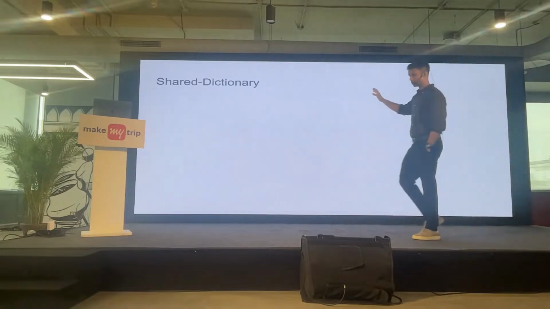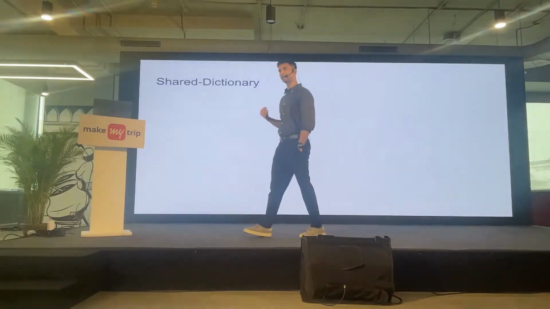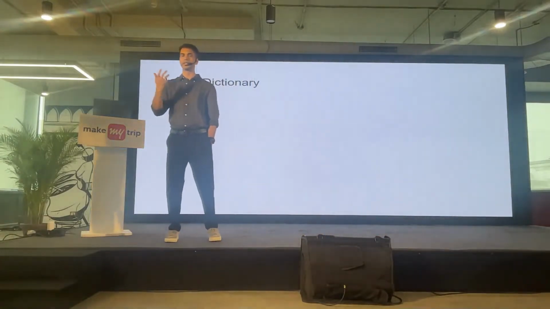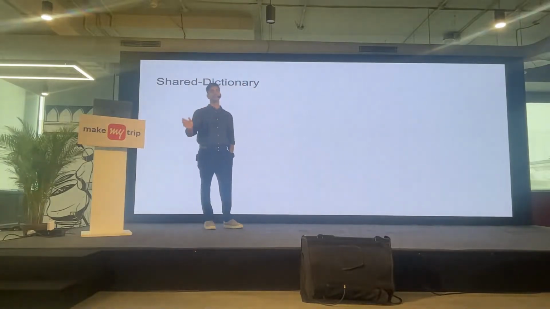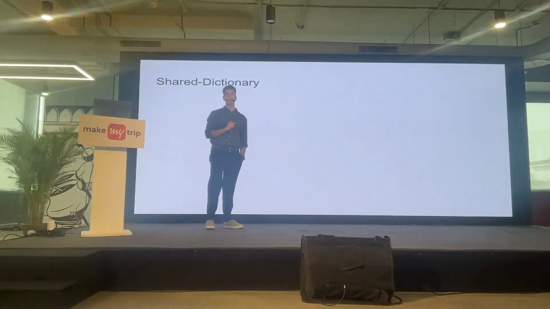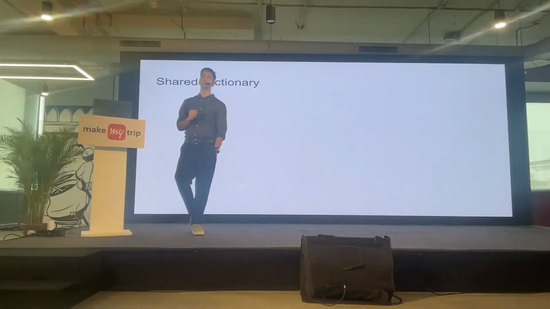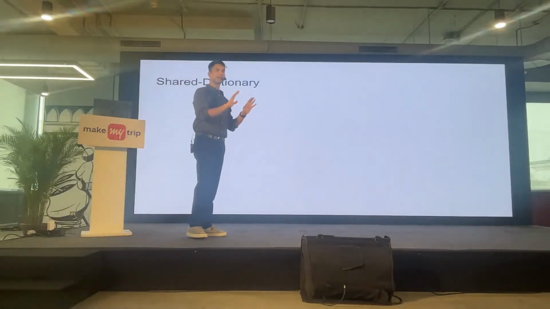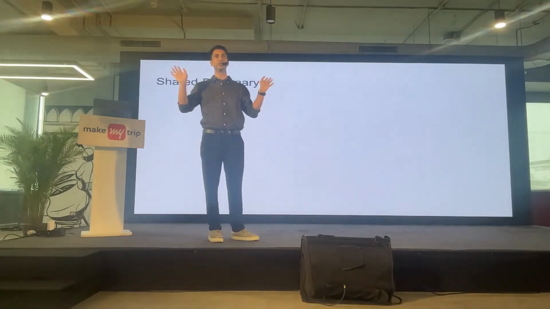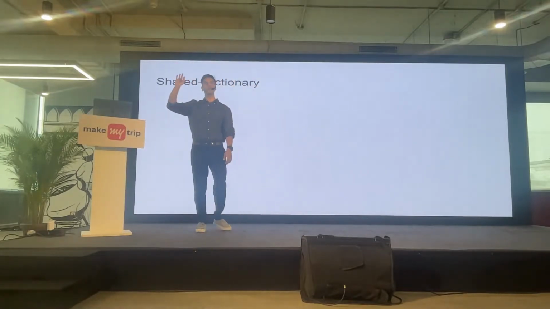Before I talk about shared dictionary, let me spend some time on file transfer compression again. When we are transferring any asset from my origin to the client, I'm ensuring that the size you have seen, 200 KB, actually is not 200 KB. One more cheating, right? It must be 1 MB or something.